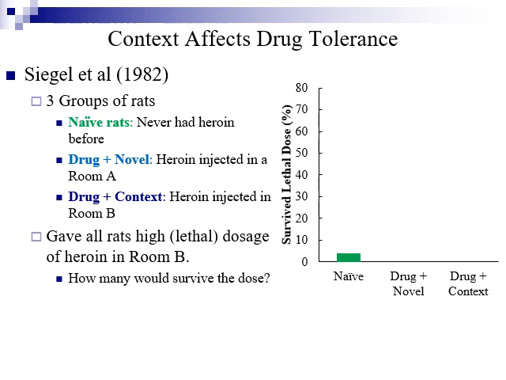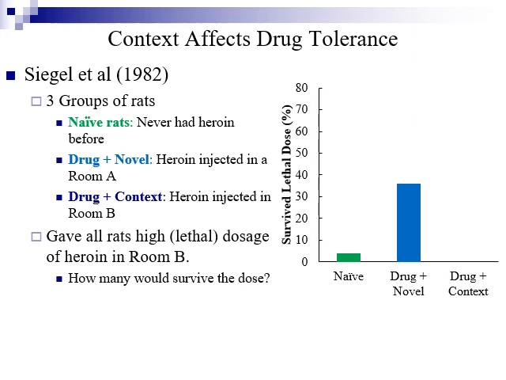What about how many survived if they had received their regular dosage in room A, but then they received the lethal dose in room B? This is going to test the tolerance based on exposure to heroin alone, right? And what we see is that around 36-37% of those rats survived the lethal dose.